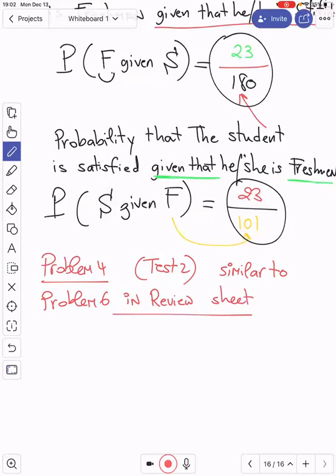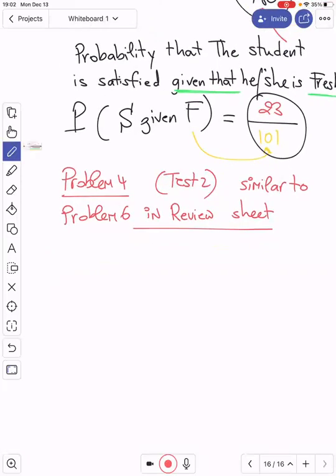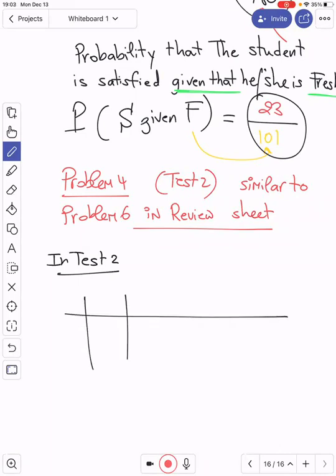So in the test, actually, there's a small difference between the two problems. In the test, we have this survey of 100 couples. You have the number of kids, and here we have the number of couples.